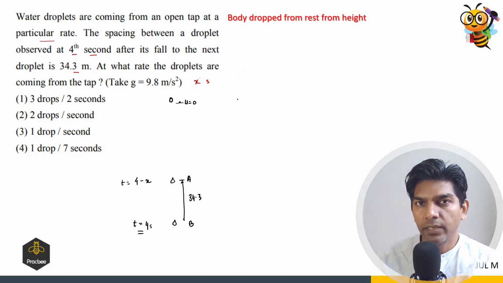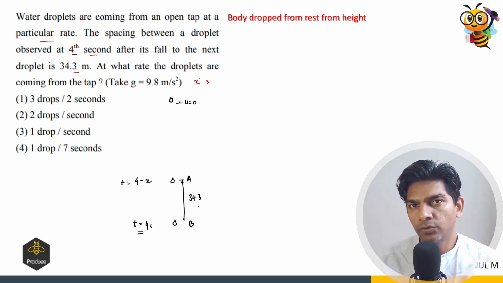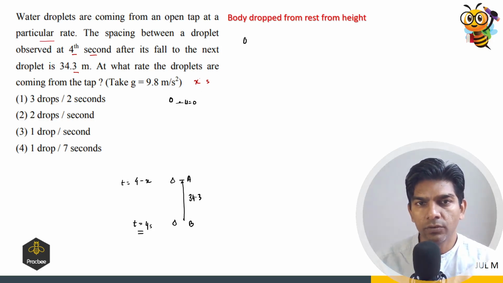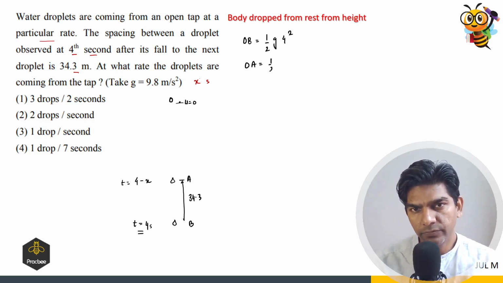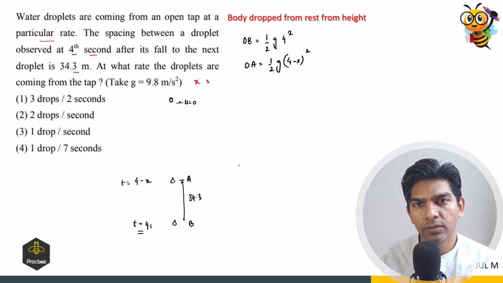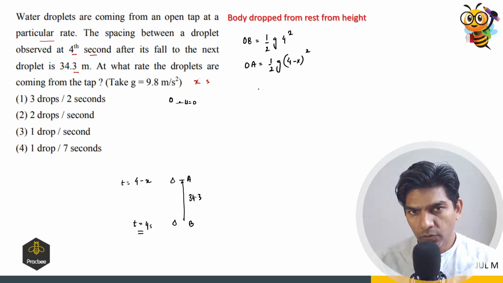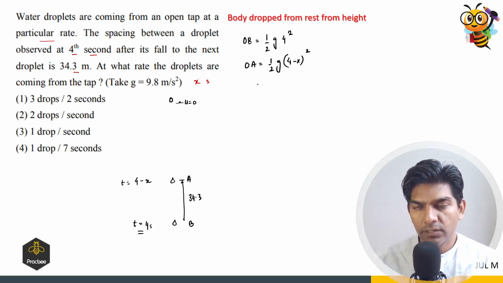Now I'm going to apply the equation of motion from O to A and then from O to B. So we can say OB equals half g t square, and t is 4 seconds, and OA is half g (4 minus x) square, and this x we have to calculate, and the difference of OB and OA is 34.3.